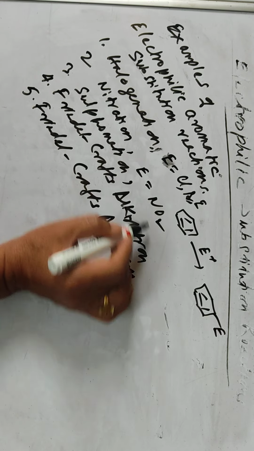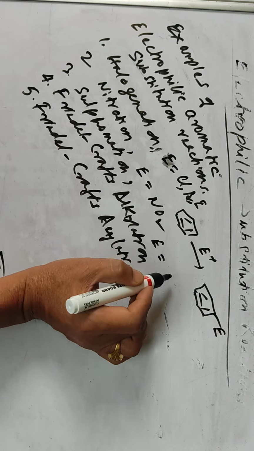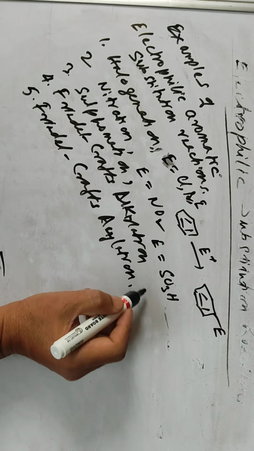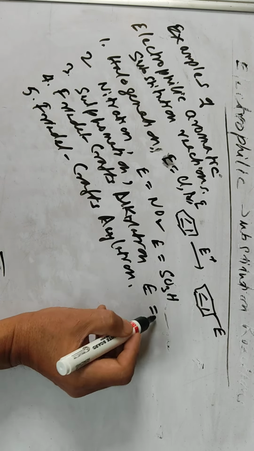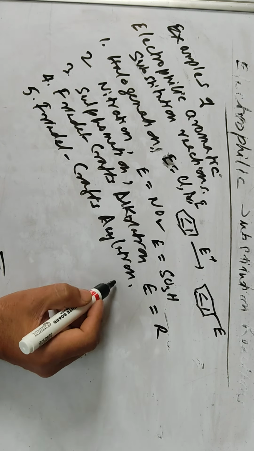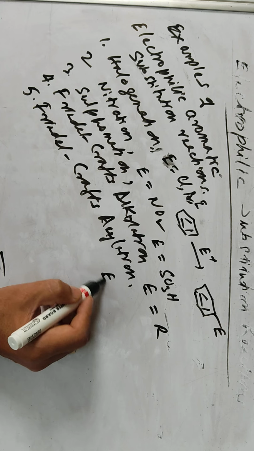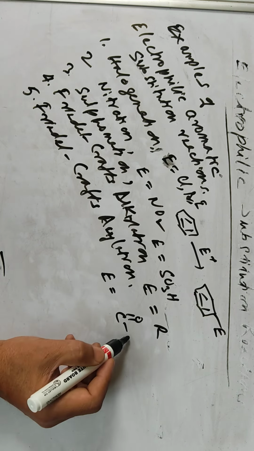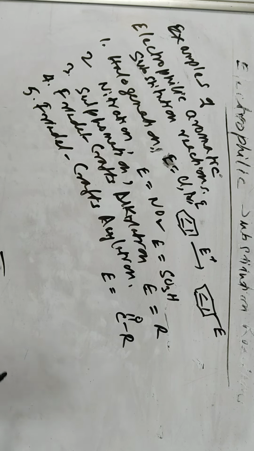In sulfonation, E is the sulfonic group, SO3H. In Friedel-Crafts alkylation, E is an alkyl group. For Friedel-Crafts acylation, it is COR, the acyl group.